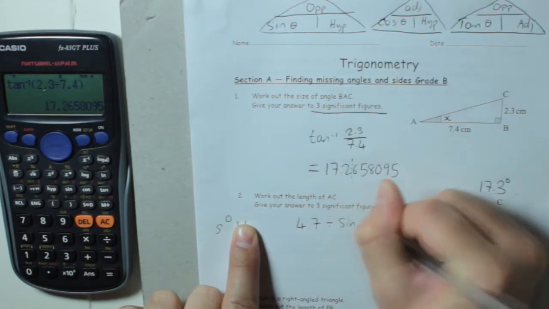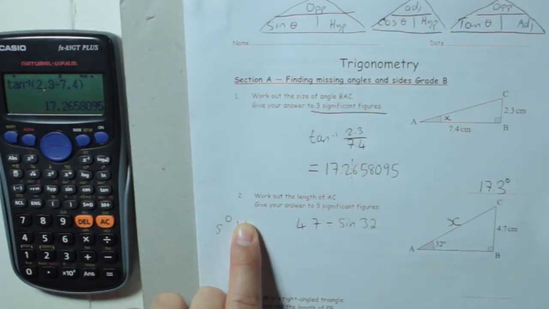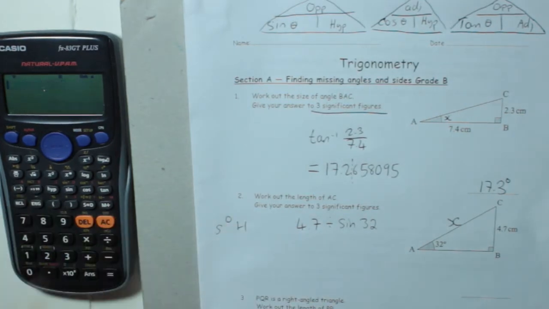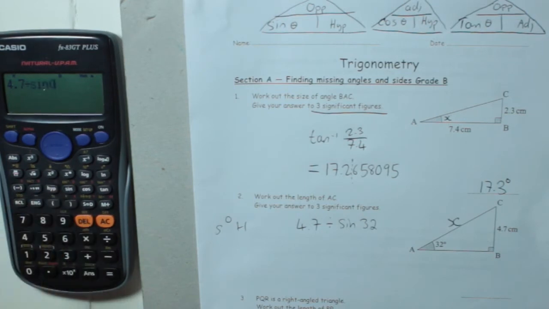So 4.7 divided by sin 32 equals 8.8692 and so on.